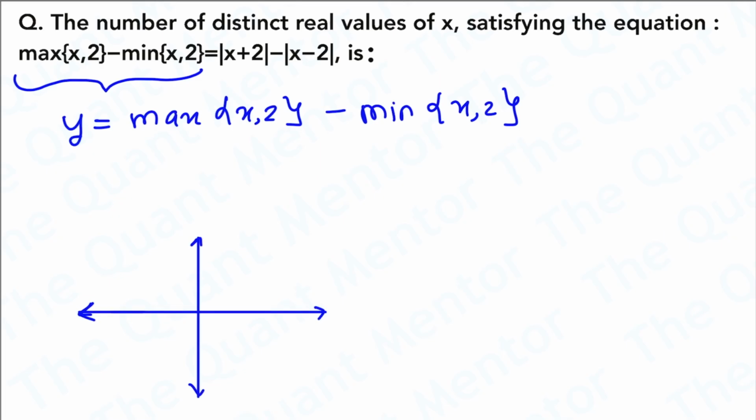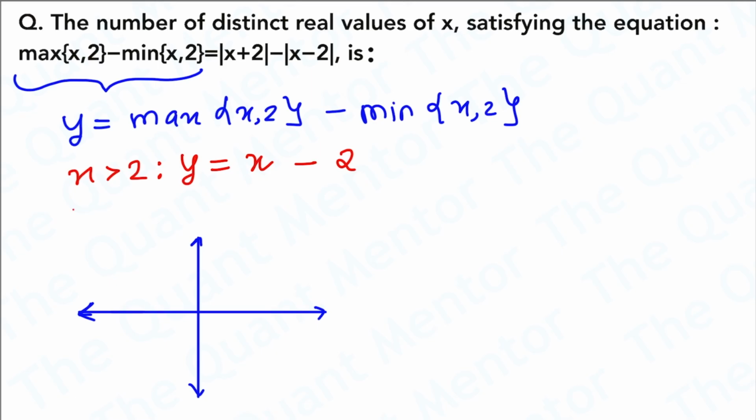So we basically consider two possibilities. The first possibility is when x is greater than 2. When x is greater than 2, max of x comma 2 will obviously be x, and minus minimum of x comma 2 will be 2, because 2 is less than x. So when x is greater than 2, the graph will be y is equal to x minus 2.